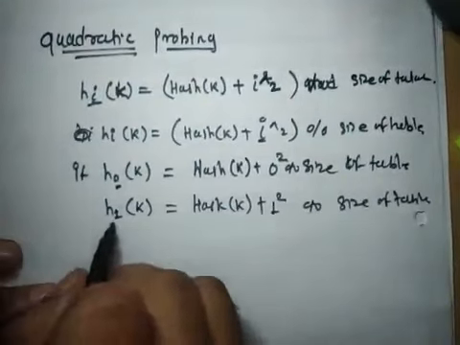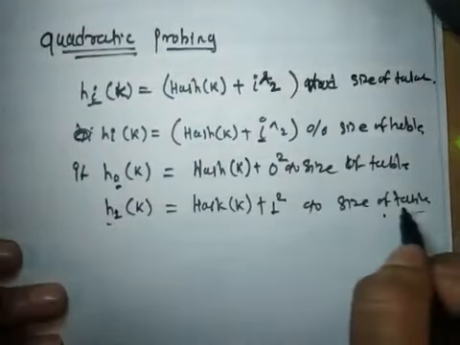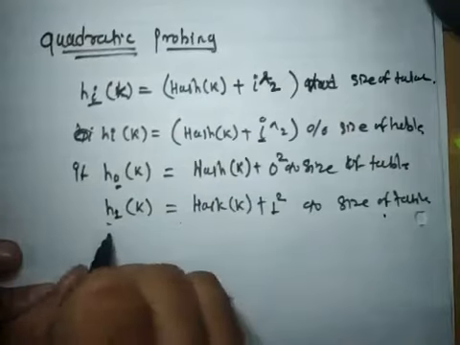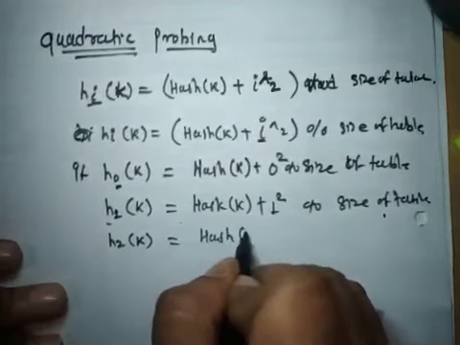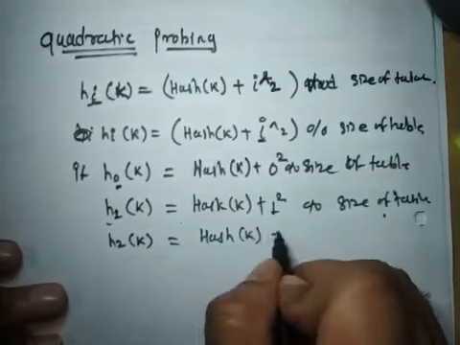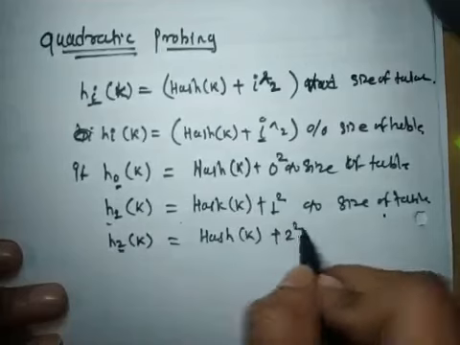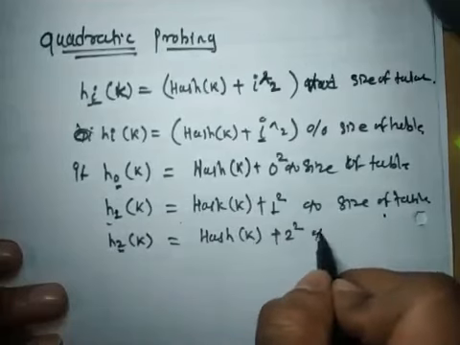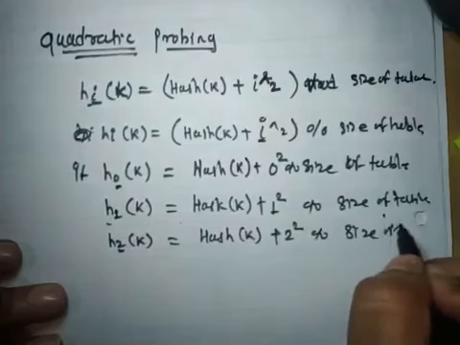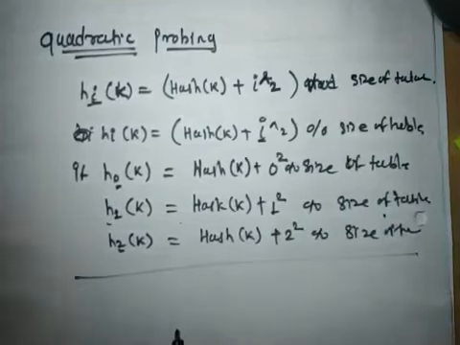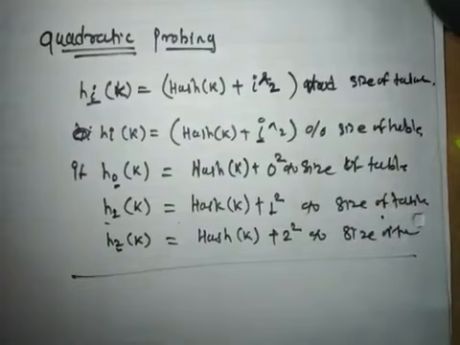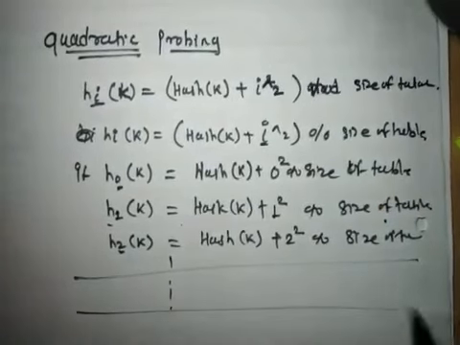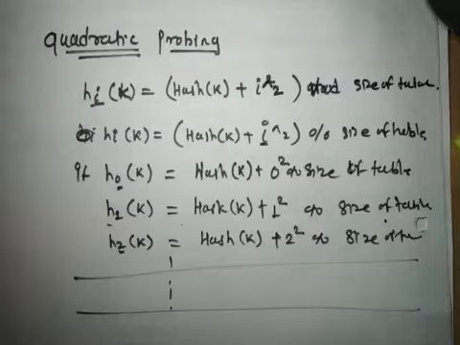If this slot is again filled, then we are going for h of 2 for k, that is hash k plus 2 square, that is 4, modulus of size of table. So in this way, in quadratic probing, we are going for quadratic increment, and so on. If that location is already filled, then we are going for it again.